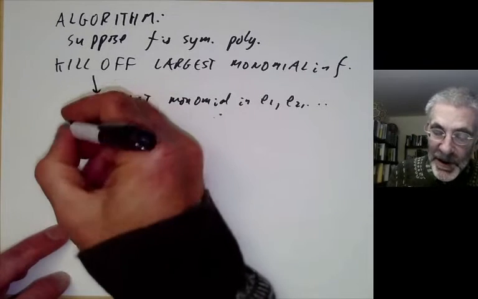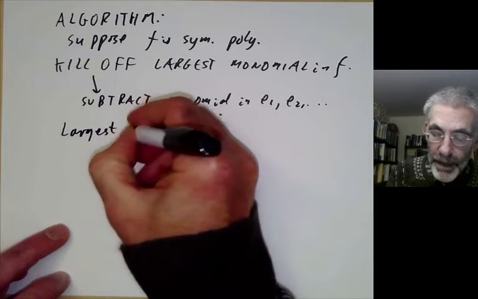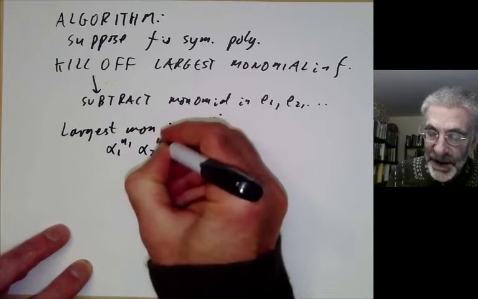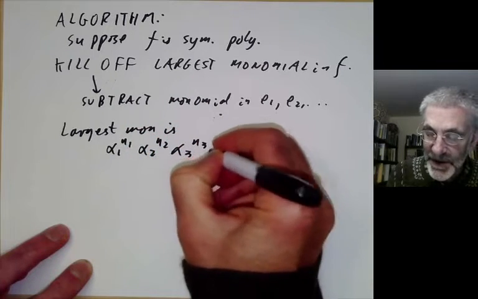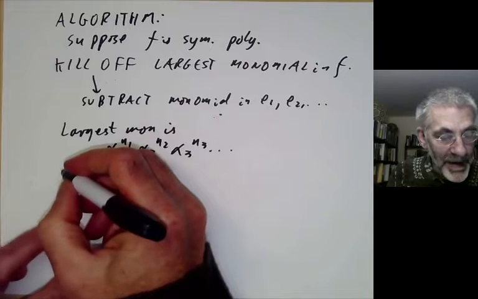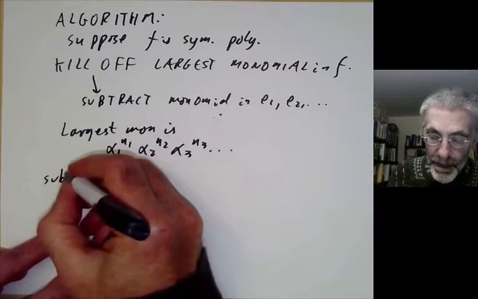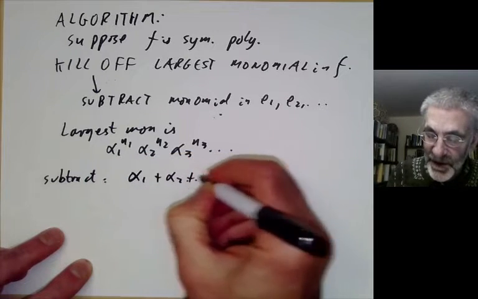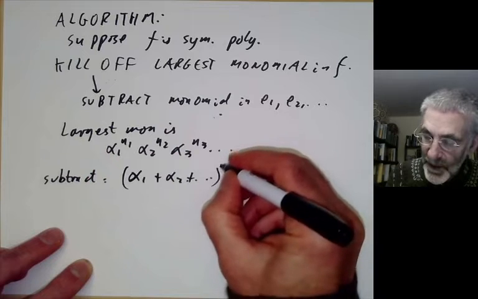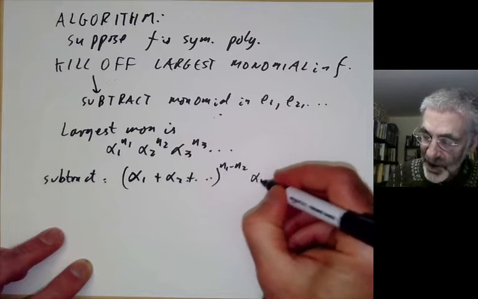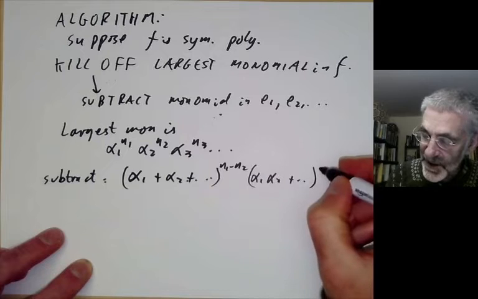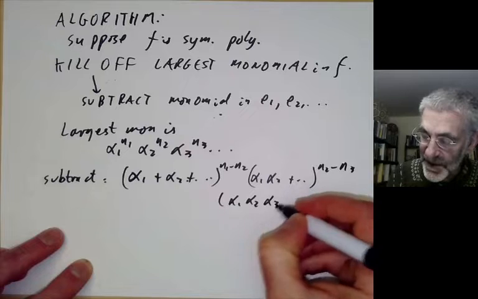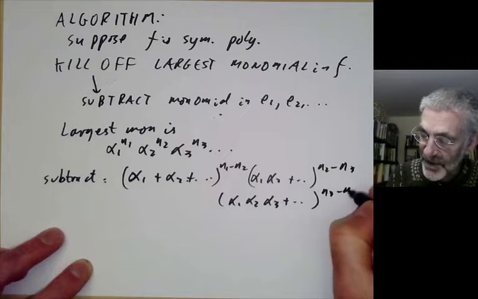So suppose the largest monomial is, say, alpha 1 to the n1, alpha 2 to the n2, alpha 3 to the n3, and so on. Then we subtract alpha 1 plus alpha 2 and so on to the n1 minus n2, times alpha 1 alpha 2 plus all the rest to the n2 minus n3, times alpha 1 alpha 2 alpha 3 and so on to the n3 minus n4, and so on.